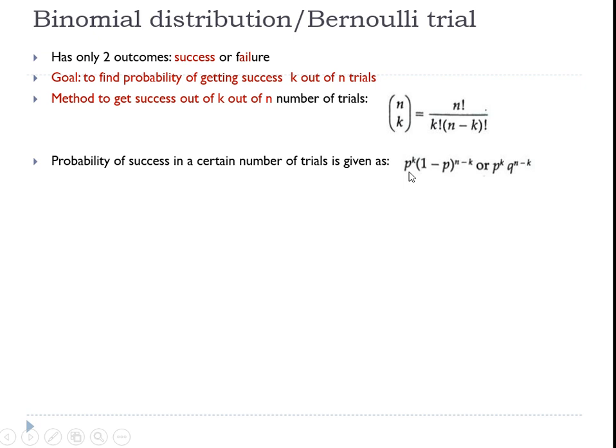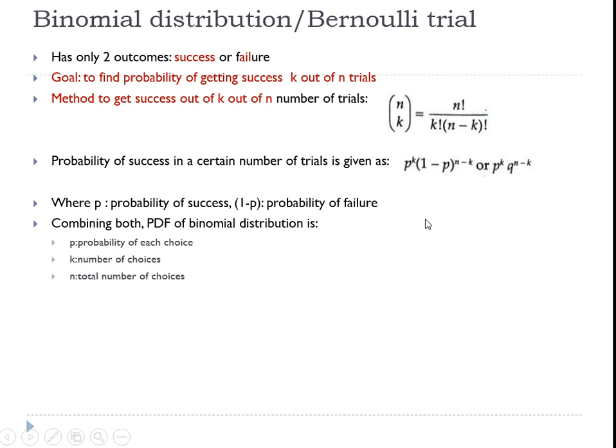So p is the probability of getting success, so p to the power of k, into 1 minus p, which is the probability of getting failure, to the power of n minus k. So p is the probability of success, 1 minus p is the probability of failure. Combining both of these equations, the probability density function of the binomial distribution is n choose k into p to the power of k into 1 minus p to the power of n minus k.